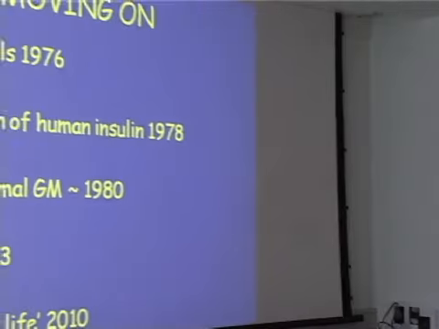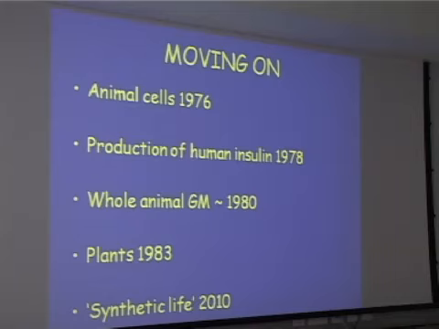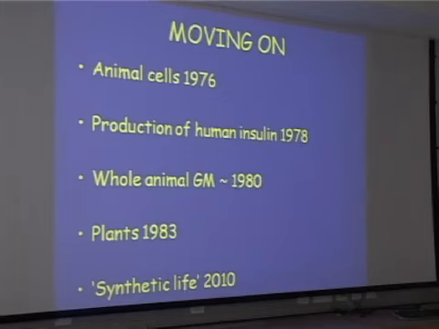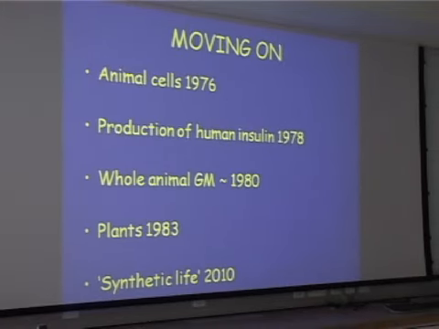So if we move on, animal cells were first genetically modified in the mid-70s, and human insulin, produced in genetically modified bacteria, was first achieved in 1978 and very quickly went to market. We've reached a situation now where newly diagnosed insulin-dependent diabetics are almost routinely offered human insulin rather than the formerly prescribed pig insulin that had been most widely used up until then.